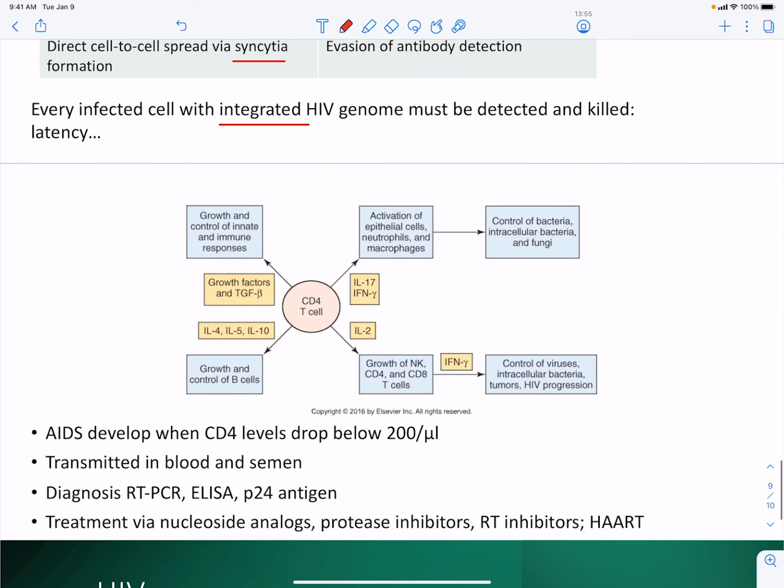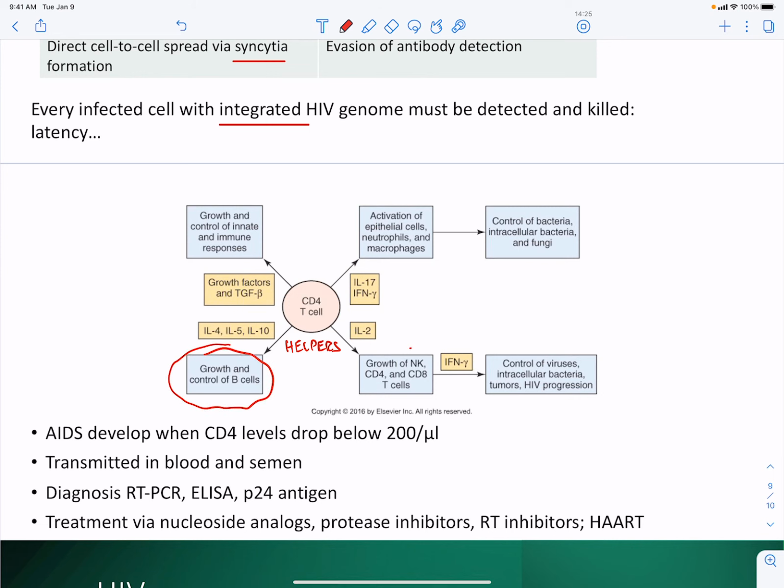So AIDS, or acquired immune deficiency syndrome, is going to develop when you have the CD4 T cells drop below 200. And your CD4 T cells, again, are going to be important for many things in your immune system. And once you lose them, you lose all these important things. So CD4 T cells are your helpers. And they are going to help your B cells.